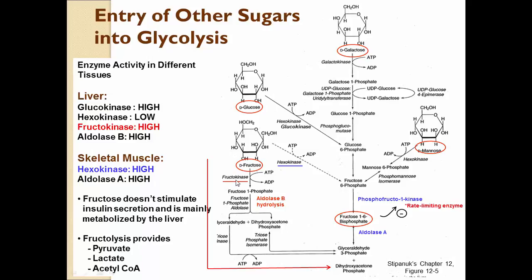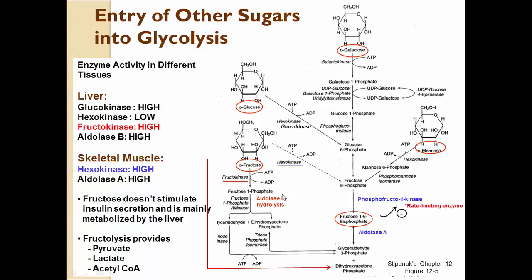So as you can see here, fructose can be directly metabolized to fructose 1-phosphate by fructokinase, right? And fructose 1-phosphate can then be broken down into 2 three-carbon molecules by aldolase B, right?